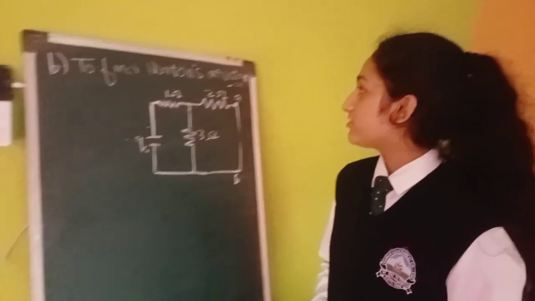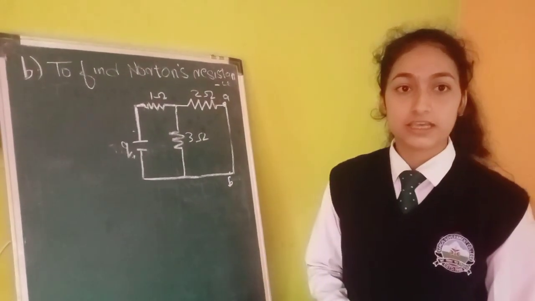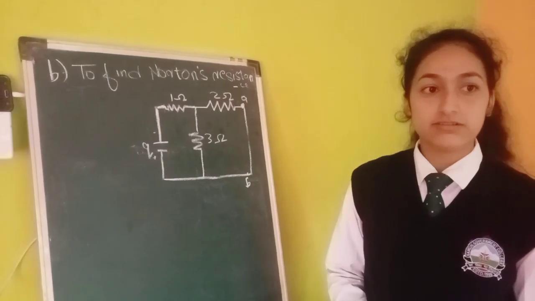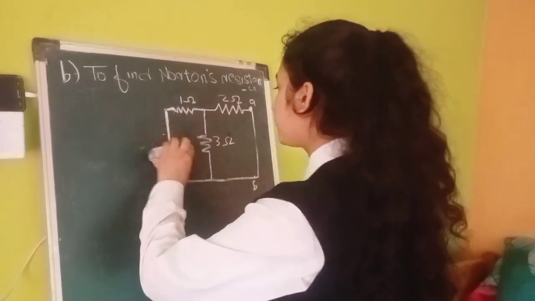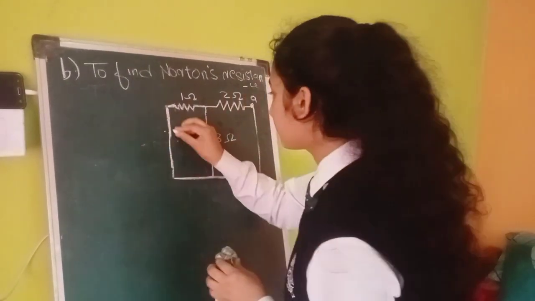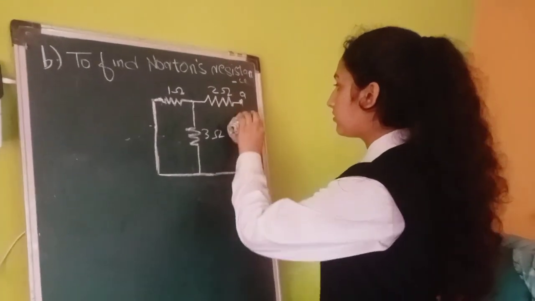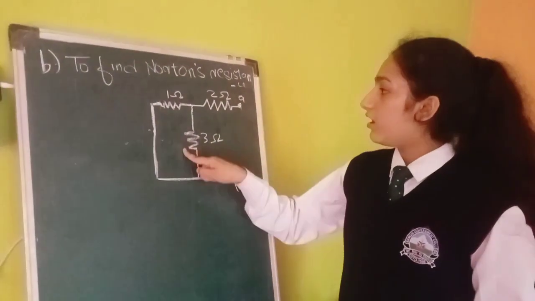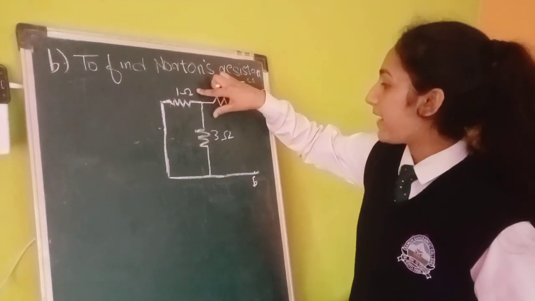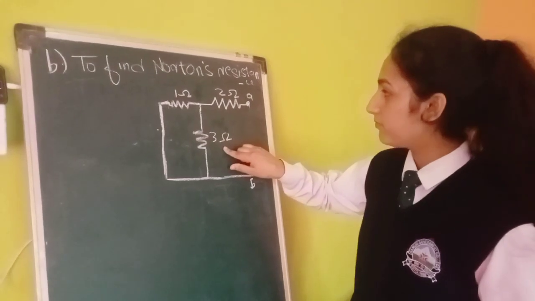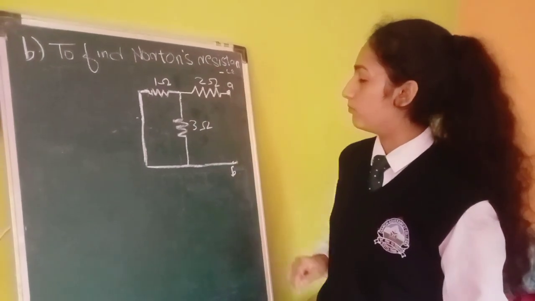Our second step is to find Norton's resistance. To find Norton's resistance, we need to remove the load resistor and short the voltage source. As we observe the circuit, we can see that 1 ohm is in parallel combination with 3 ohm and the parallel combination is in series with 2 ohm.